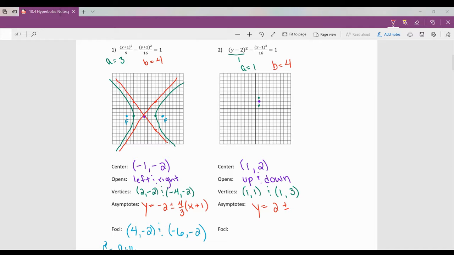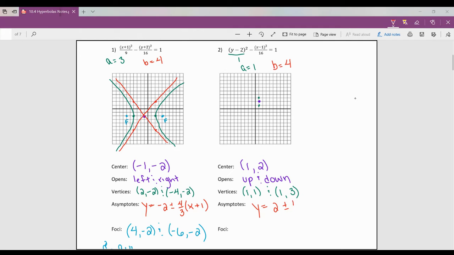Underneath the Y's is a 1, so A is 1. So 1 over, underneath the X's is 16, so my B is 4. So 1 over 4, and then it's X minus 1. Okay, so those are my equations of my asymptotes.